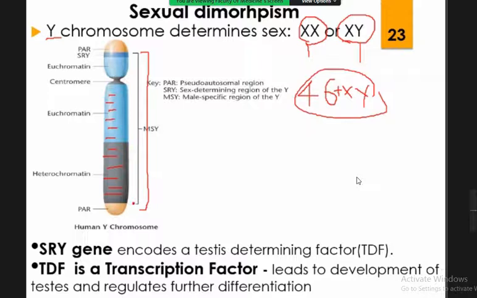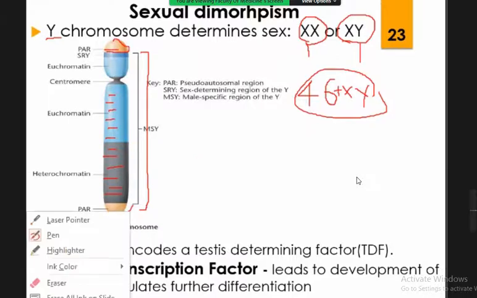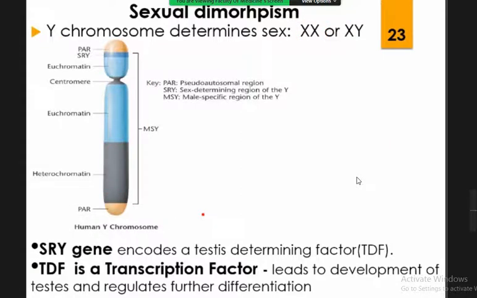Then there is a small region here, and then even on the cranial part of the upper arm, it is a pseudo-autosomal region, and we call it pseudo-autosomal region because the genes it carries can as well be present on an X chromosome.